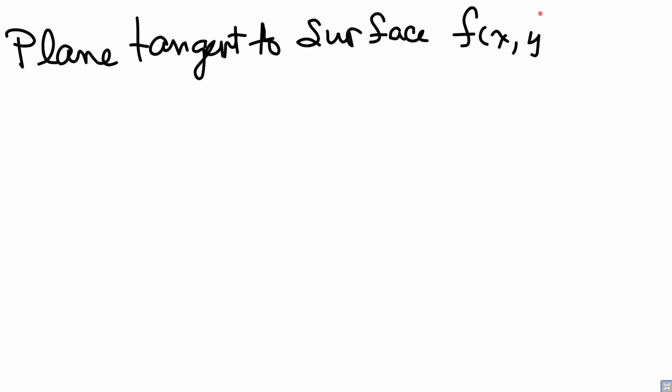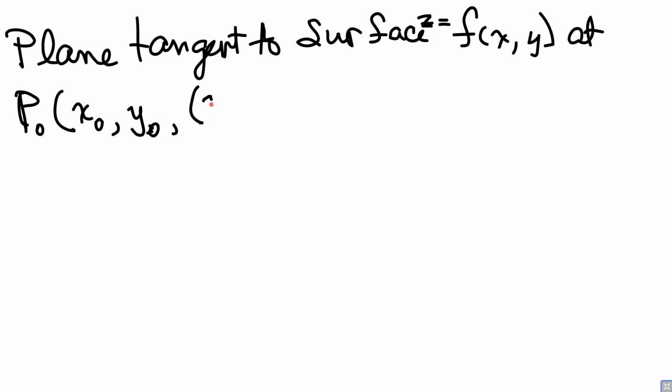So, the plane tangent to the surface z equals f of x, y at the point p sub 0 defined at x sub 0, comma, y sub 0, comma, f of x sub 0, comma, y sub 0.